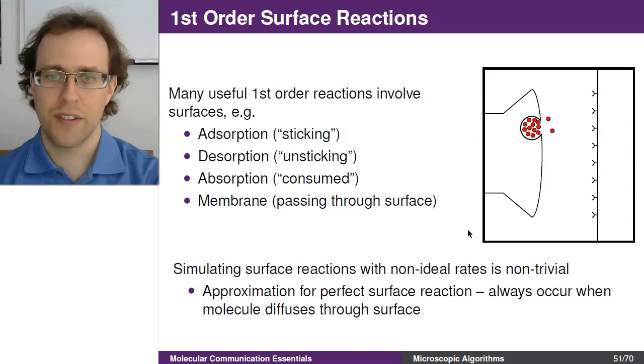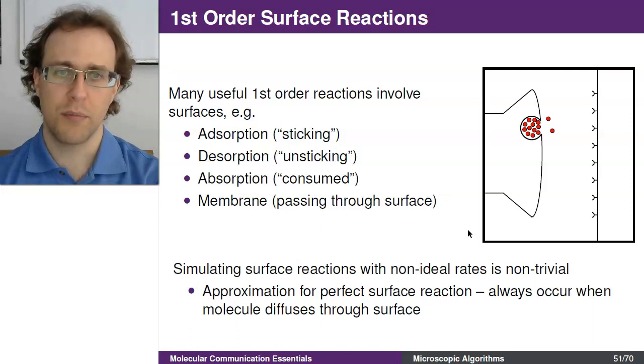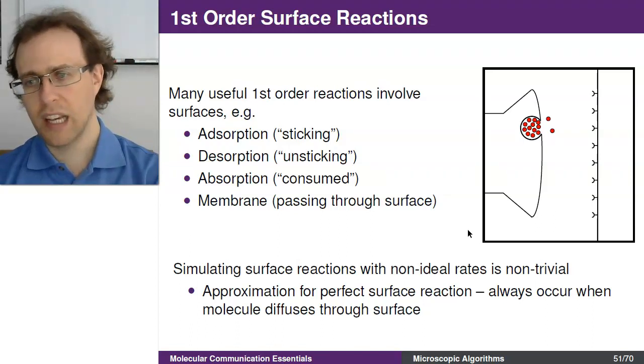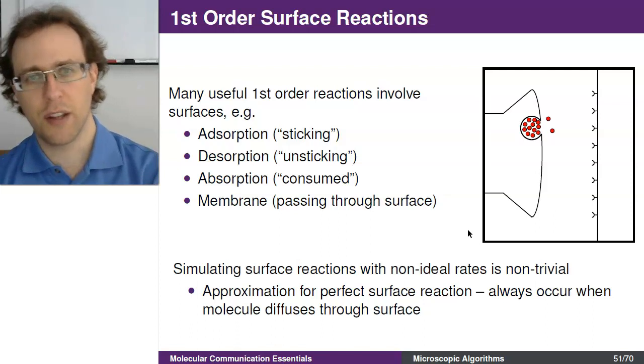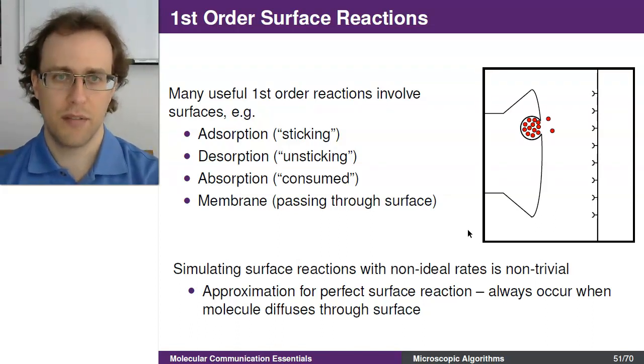Unfortunately, for the purposes of this talk, simulating surface reactions with non-ideal rates is quite non-trivial, so I'm not going to go through the implementation details. But there is a useful approximation if you assume that you have a perfect surface reaction. So let's say you have perfect absorption. A good approximation for simulating it is to assume that the absorption always occurs if the diffusion trajectory of a molecule passes through the surface.